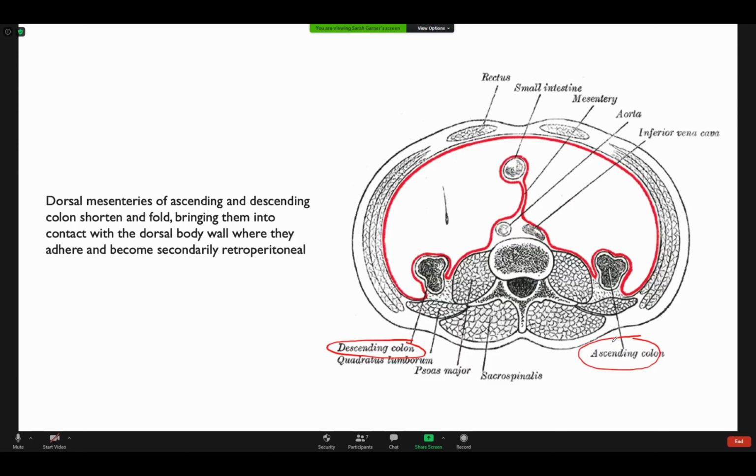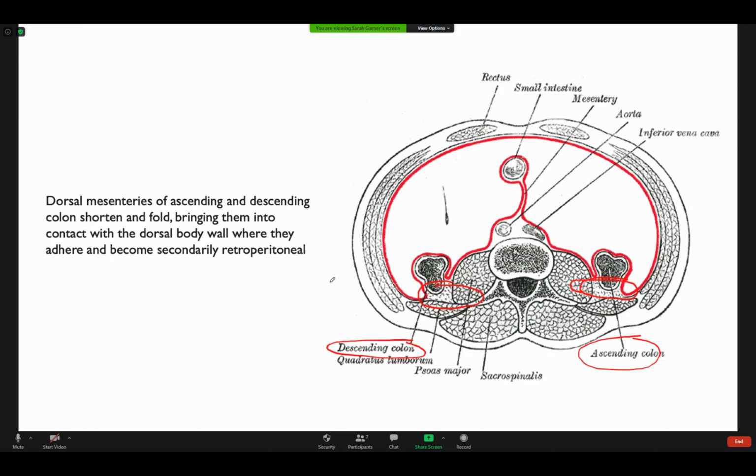So that's these. And as they're shoved against the posterior abdominal wall, the dorsal mesentery that suspends them, that we talked about earlier, is going to essentially just disappear. And as that happens, the posterior part of the ascending and the descending colon are going to fuse with that posterior abdominal wall. So now these are secondarily retroperitoneal.